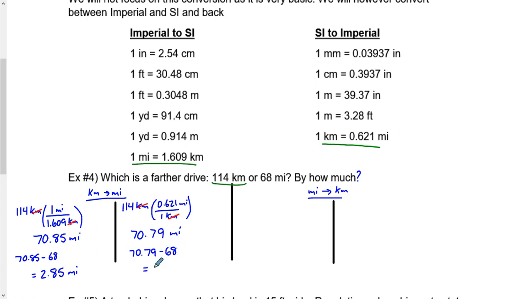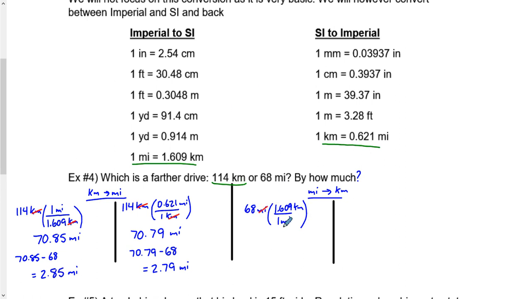So whether you say that it's 2.85 miles farther or 2.79 miles farther, it won't matter to me. I'll have both answers. And as long as you're doing things correctly, you'll have your answers correct. If we did 68 miles into kilometers, we could use this conversion where 1 mile is 1.609 kilometers.